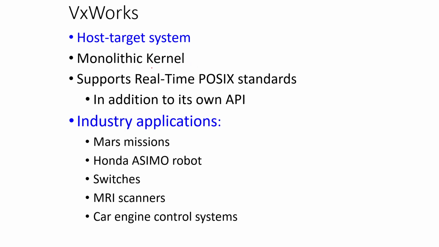The kernel was still monolithic. It did support real-time POSIX standards in addition to its own API, of course. And VXWorks was indeed used in a lot of practical systems of very high value. That would include Mars missions, Honda robots, internet switches, MRI machines, a big use, and car engine control systems, again very important.